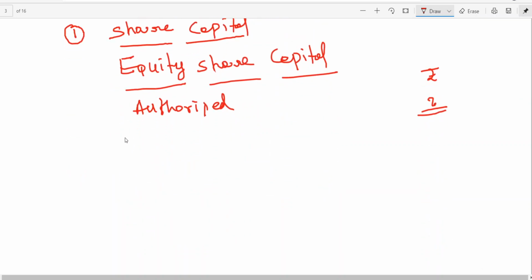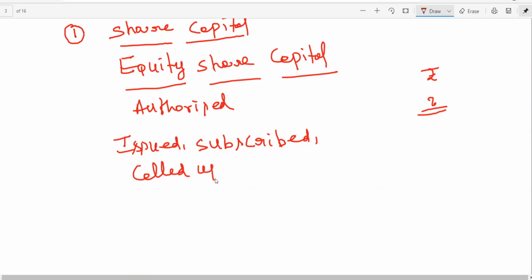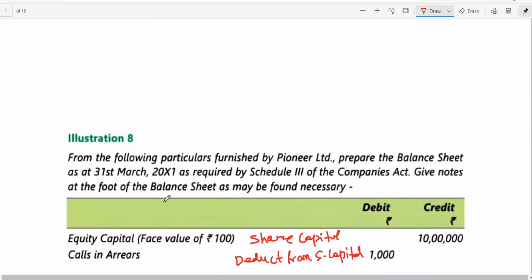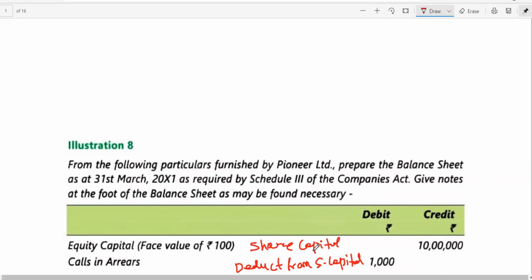Then we can write the common heading: issued, comma, subscribed, comma, called up and paid up. So if you look at the problem, how many shares has the balance sheet given? 10 lakhs by 100. 10 lakhs by 100 means you will be getting 10,000 equity shares.